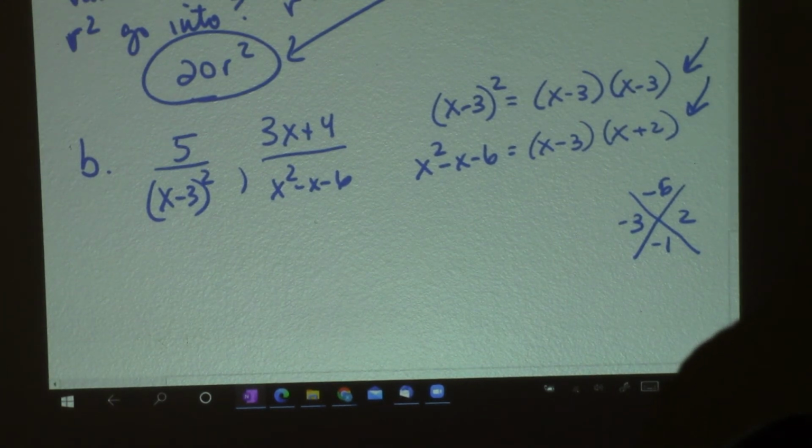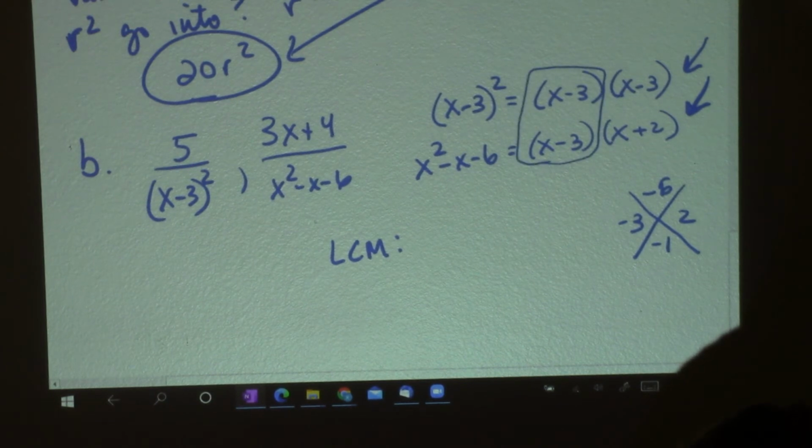And I'm looking at the second one and I'm saying, okay, I've got an x minus 3, but I also have an x plus 2. So whatever the least common denominator is in both, I have to have that x plus 2 also. So where they overlap is this right here, right? They both have 1. So I don't have to write it 3 times, but I do need to write it twice.